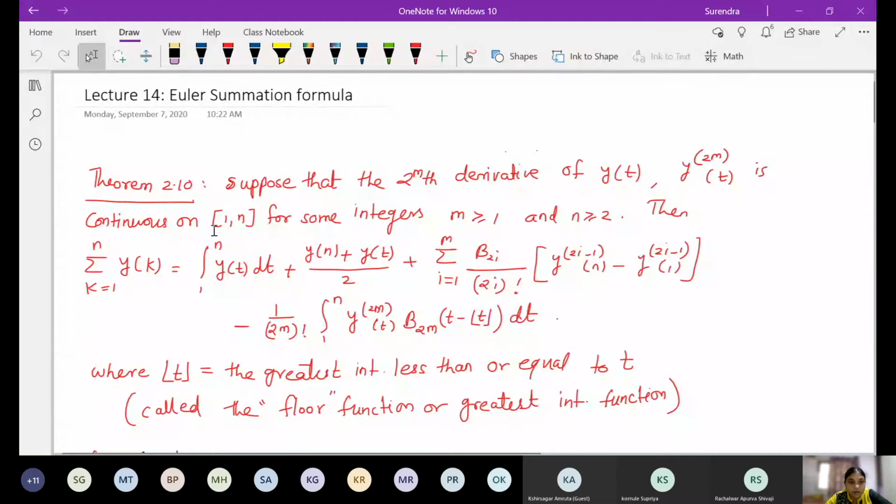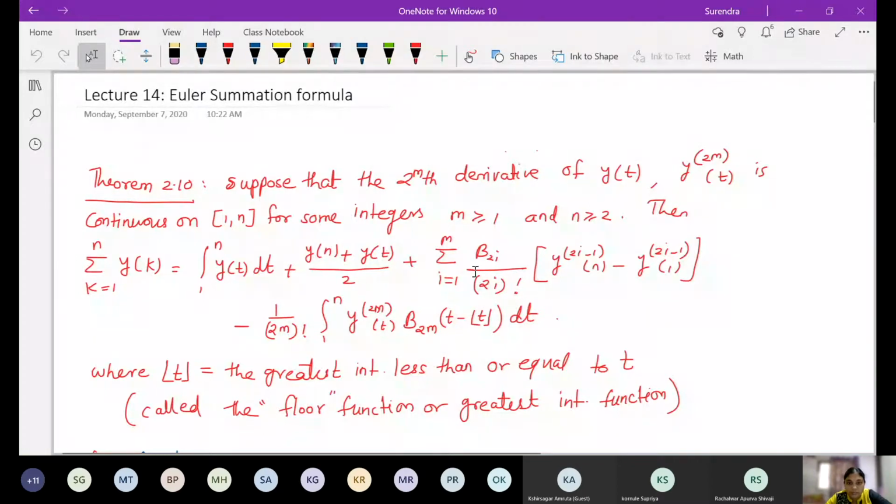If it is continuous on the closed interval 1 to n, for some integers m greater than or equal to 1 and n greater than or equal to 2, then we have this formula. Summation k is equal to 1 to n of y(k) can be written as integration 1 to n of y(t) dt plus [y(n) plus y(1)] by 2 plus summation i is equal to 1 to m of B_2i divided by (2i) factorial. What is this B_2i?